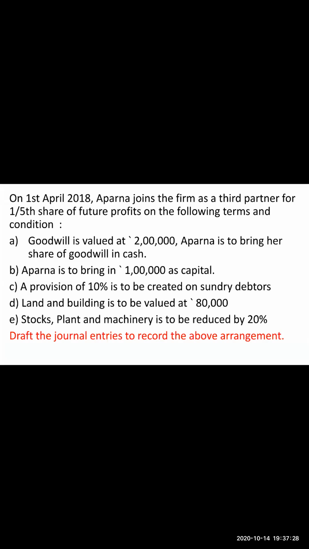Only the information was that goodwill is brought by the new partner, right? That is why we assumed it is the entry related to retaining of goodwill. That's why we passed 2 entries, because in case of retaining, there are 2 entries: cash account debit to goodwill, and goodwill account debit to old partners. Is it clear, everyone?